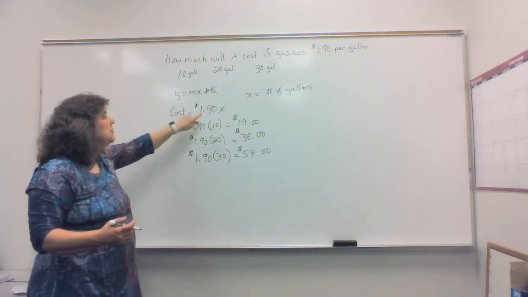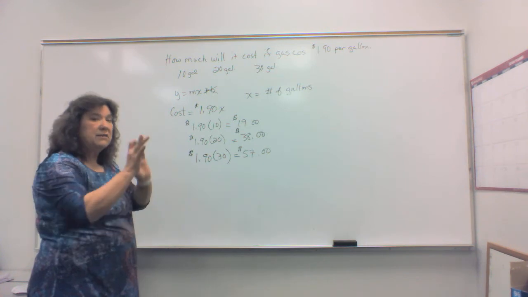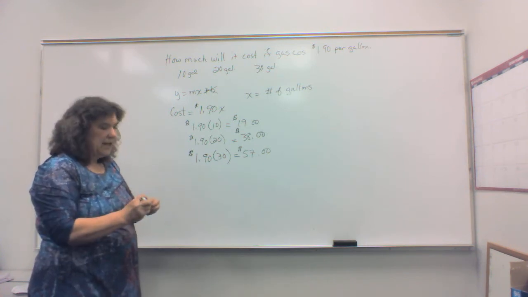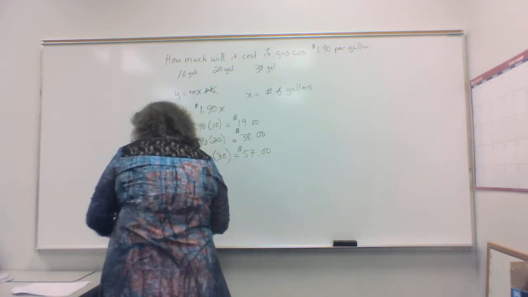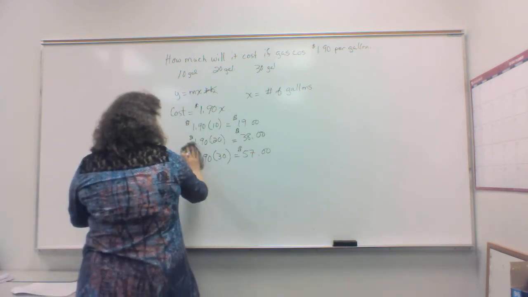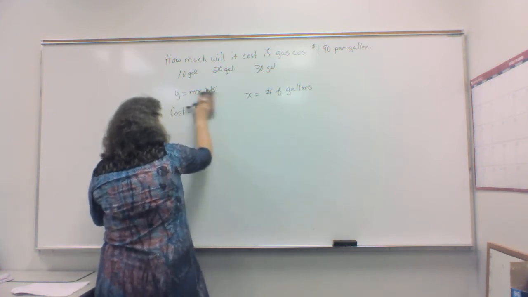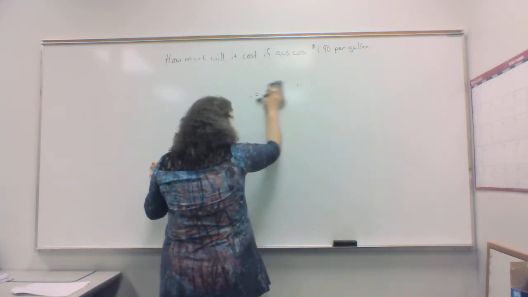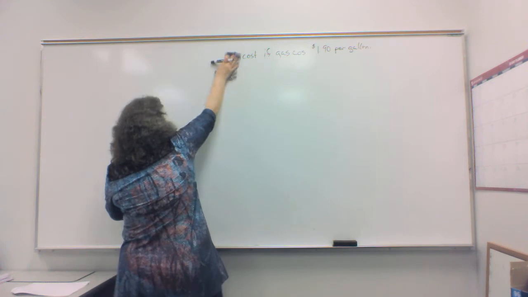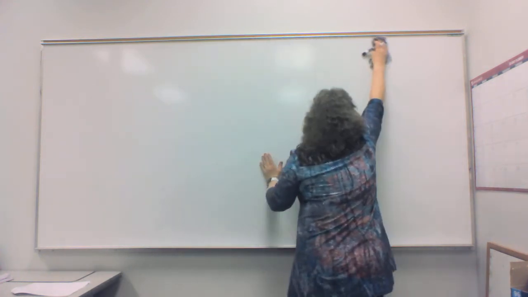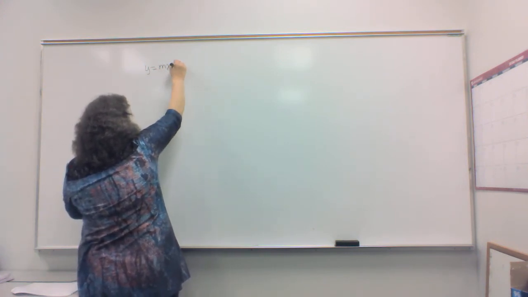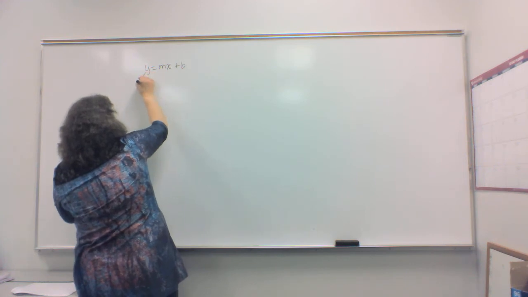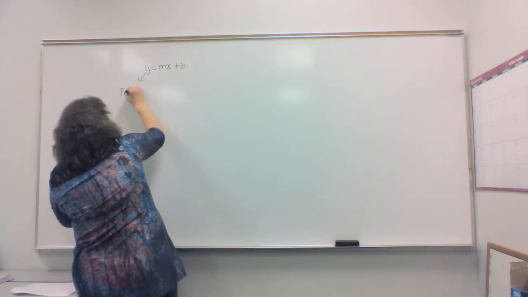Okay, so this is when you have just one cost. Nothing else is influencing it. But now let's look at a case where that's not true, that we have more than that. So let's look at another word problem. And as we go into this one, I want you to keep in mind that when we look at that y equals mx plus b, my y is going to be my total cost.